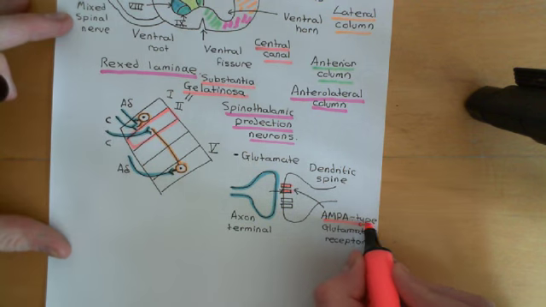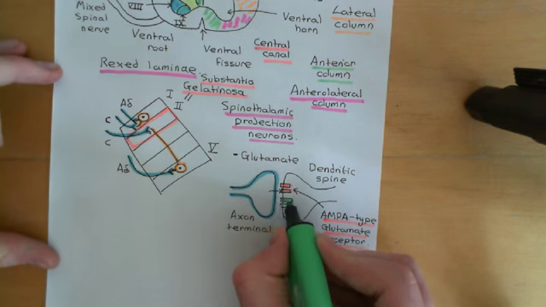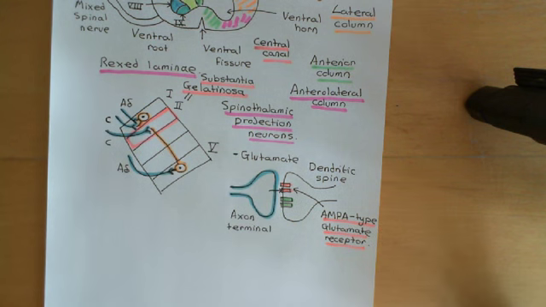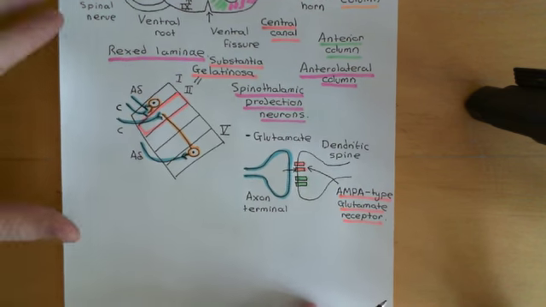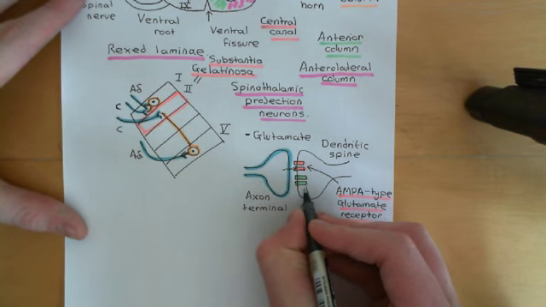Okay, AMPA-type glutamate receptor. And then you'll also have NMDA type glutamate receptors on these dendritic spines as well. This is going to become important later on because NMDA receptors are incredibly important elsewhere in the central nervous system in long-term potentiation, which has a very important part to play in memory.